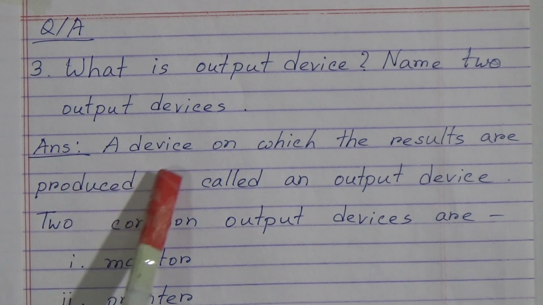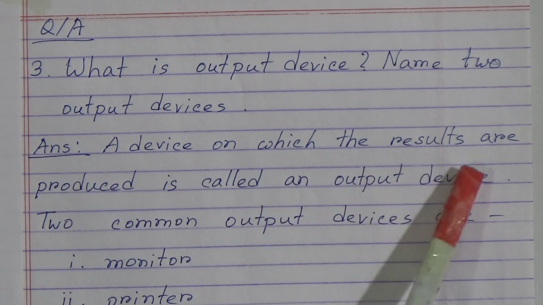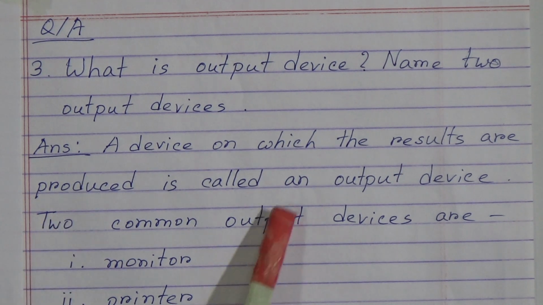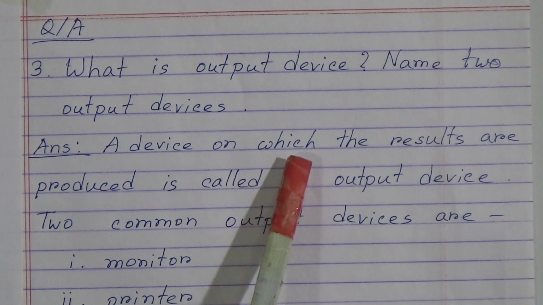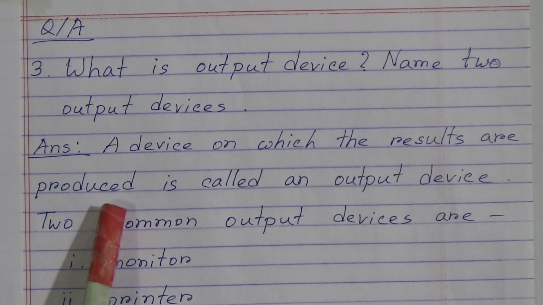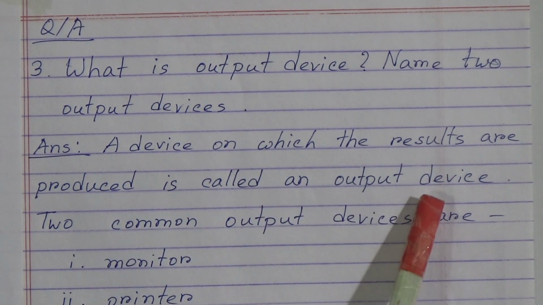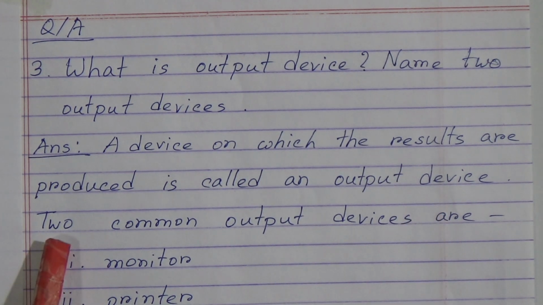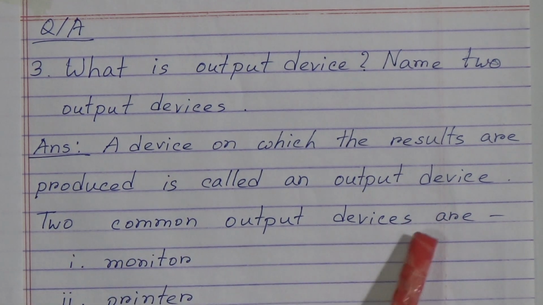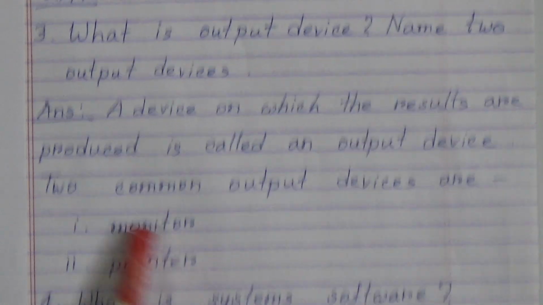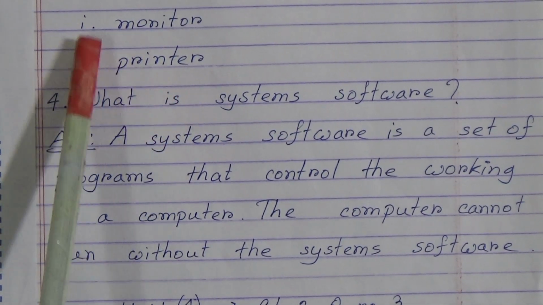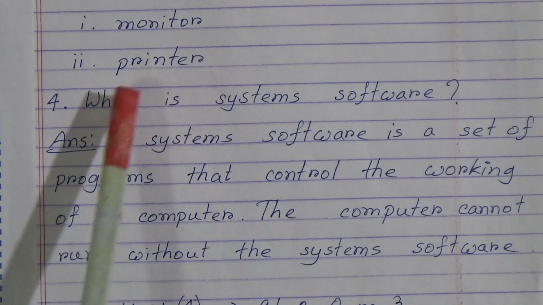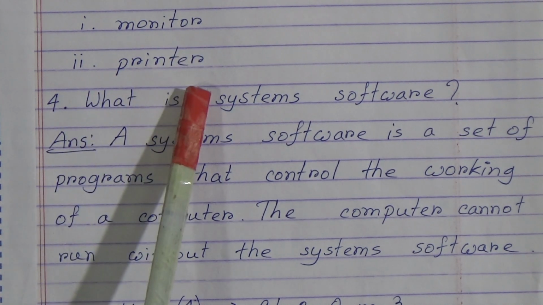Answer: a device on which the results are produced is called an output device. Two common output devices are: 1. Monitor, 2. Printer.